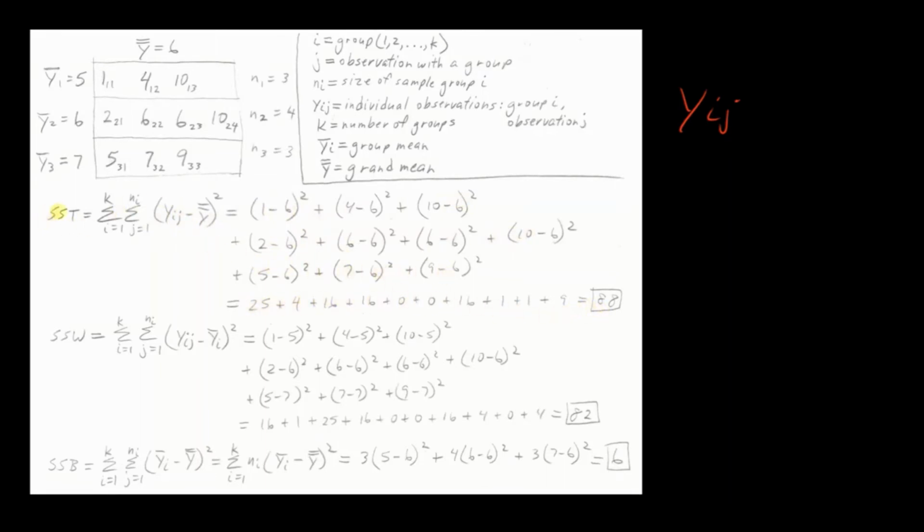And you'll see here that the total sum of square distances was 88. And when I did all 3 summations here, these 2 did indeed equal the total, and that should always happen.